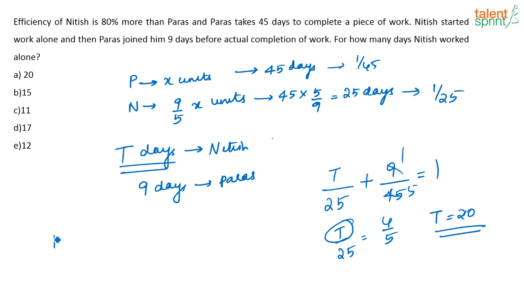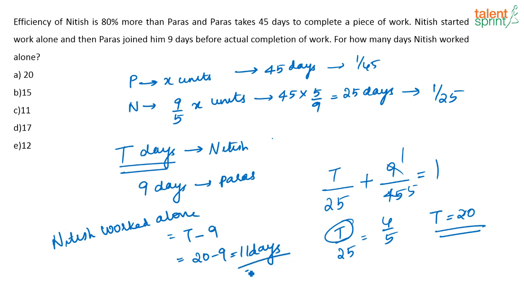The number of days Nitish worked alone is nothing but T minus 9, because in these T days, for 9 days Paras was with him. So T minus 9 is nothing but 20 minus 9, or 11 days. Nitish was alone for 11 days.